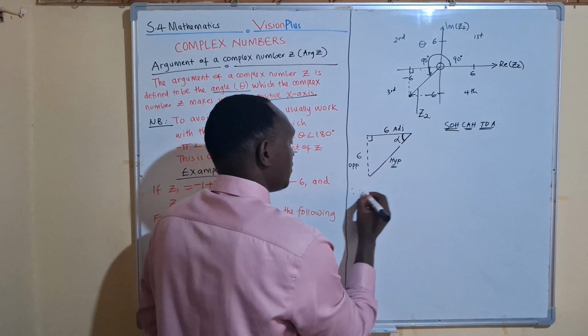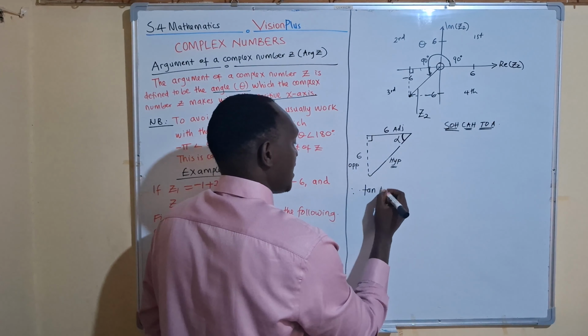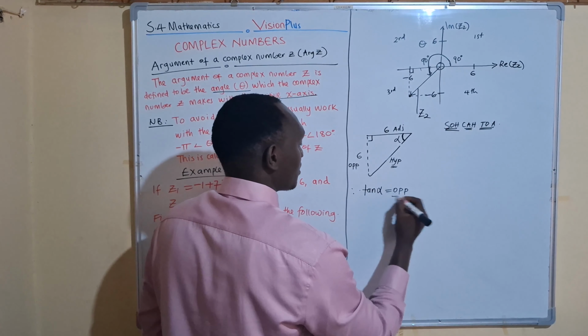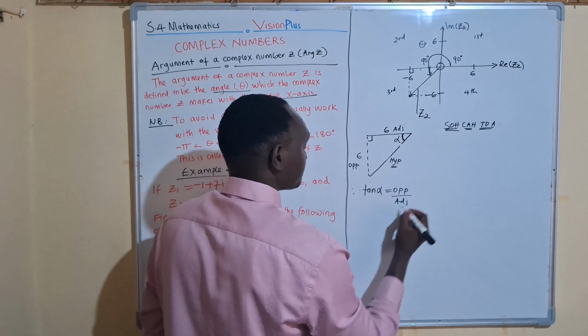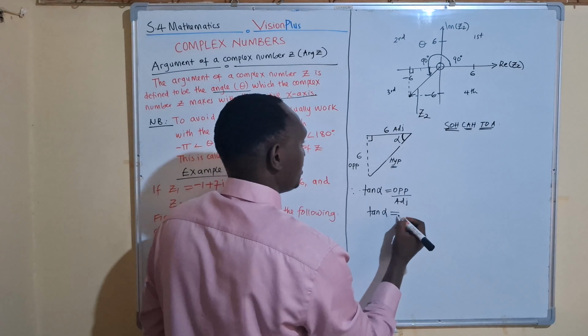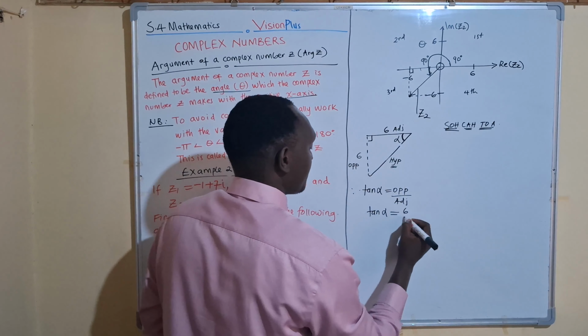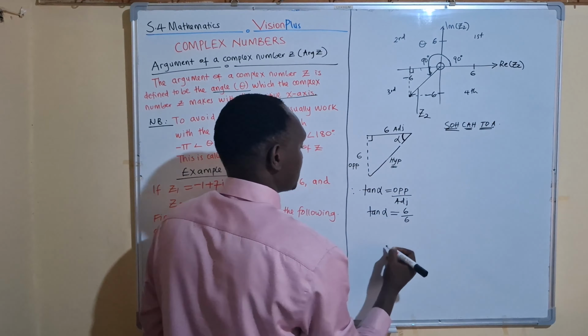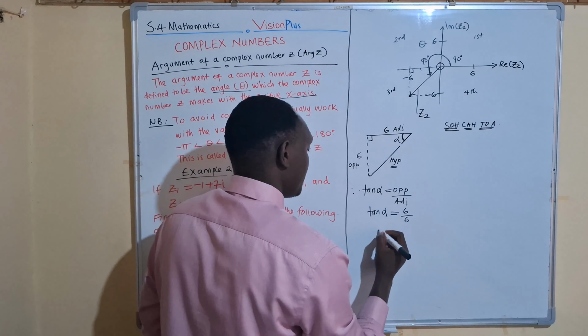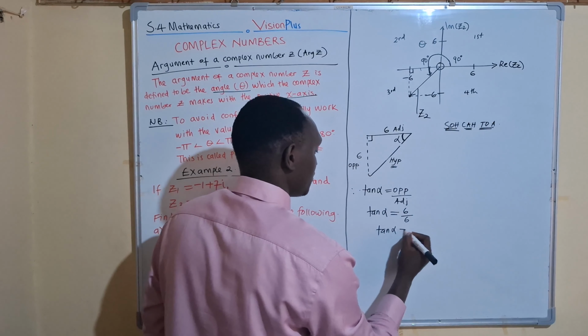Therefore tan of alpha is opposite over adjacent, which is 6 divided by 6, which is 1. So tan of alpha equals 1.